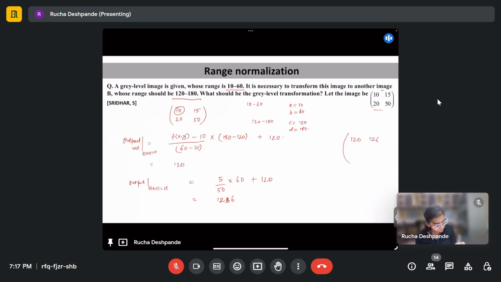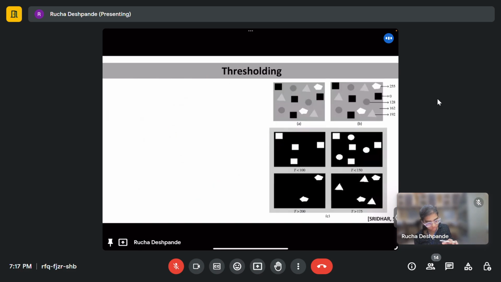The other corresponding values are 132 and 168. So after the range normalization, this will be the matrix after this gray level transformation. Is this clear?